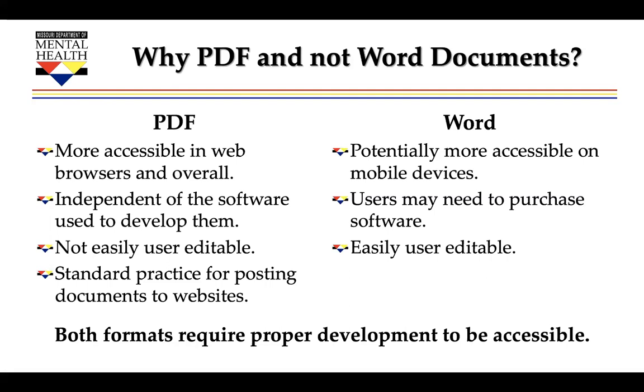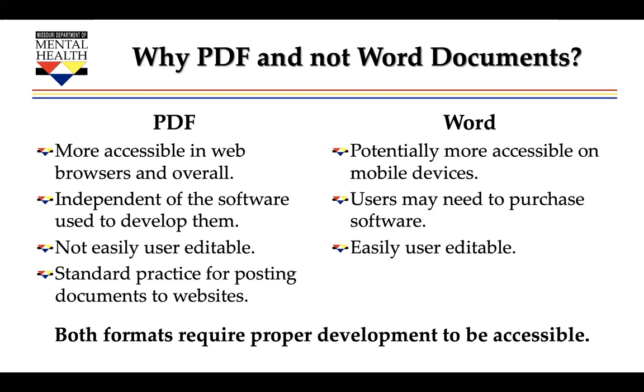Regardless of which format we're using, it requires proper development for the document to be accessible. And so that's one of the trip ups of this idea of using Word for accessibility: it can mislead people into believing that they don't have to follow proper development and remediation steps to make the document accessible.